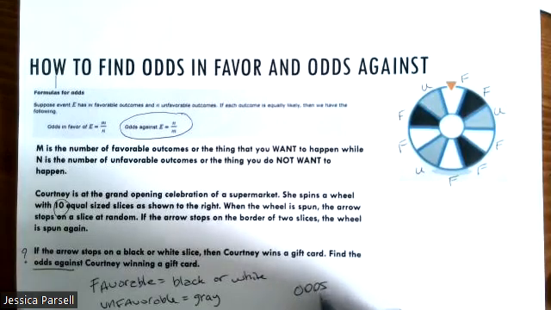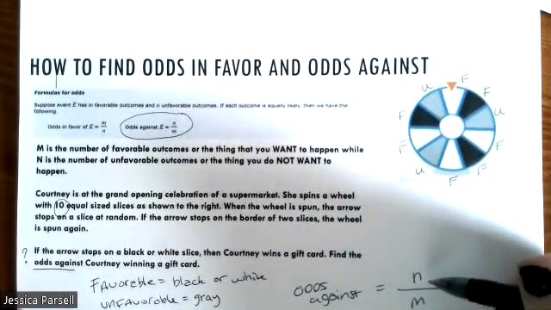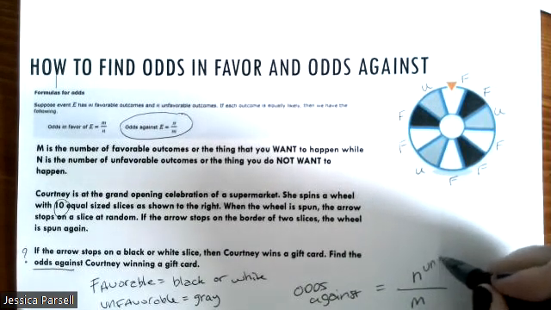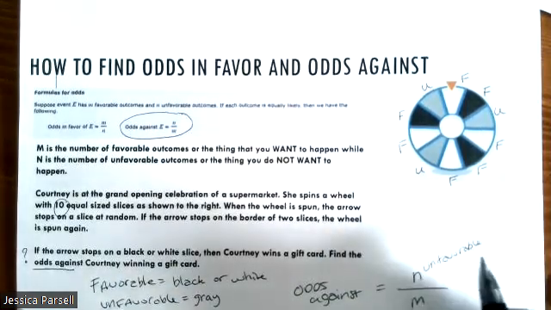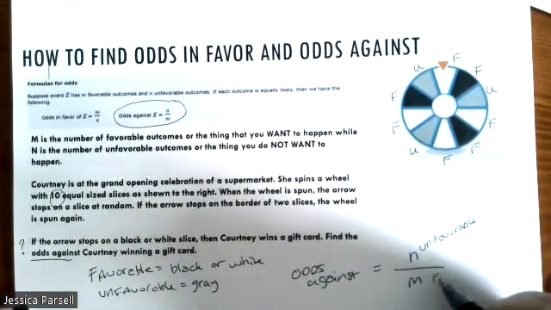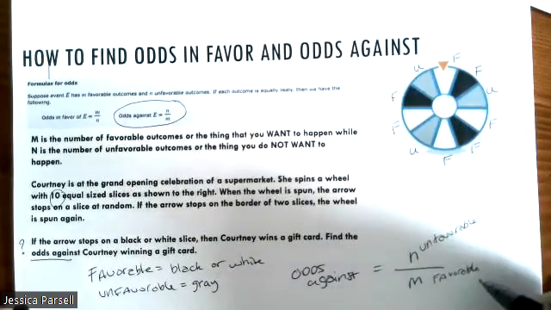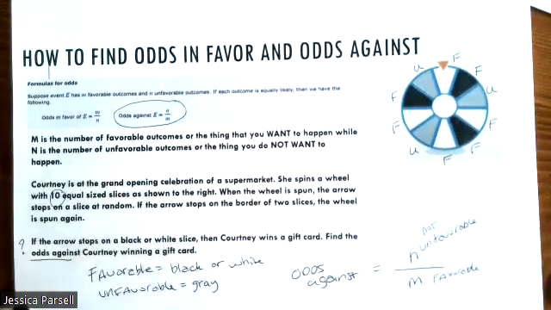So odds against Courtney winning the gift card is equal to N over M. Now remember, N is going to be our unfavorable, and M is going to be favorable.